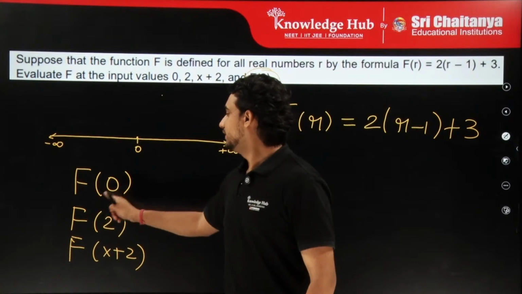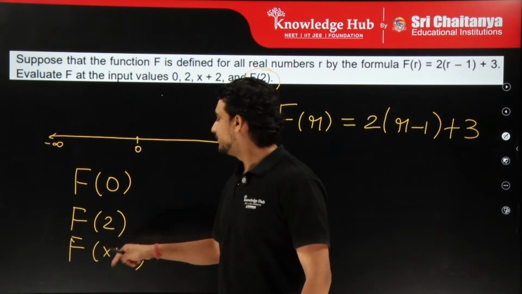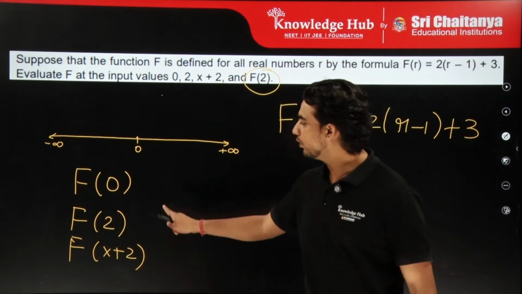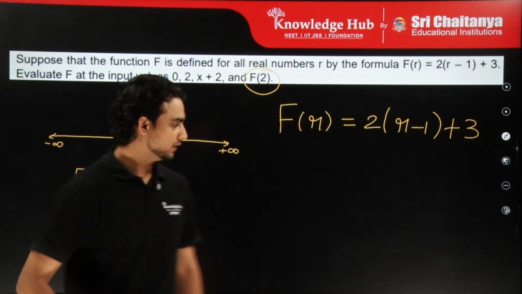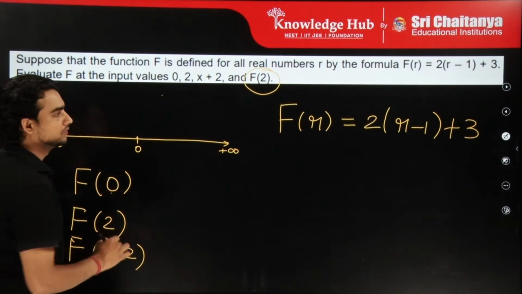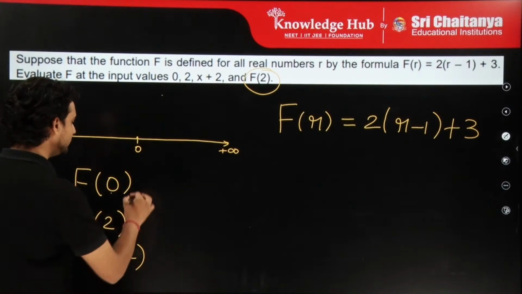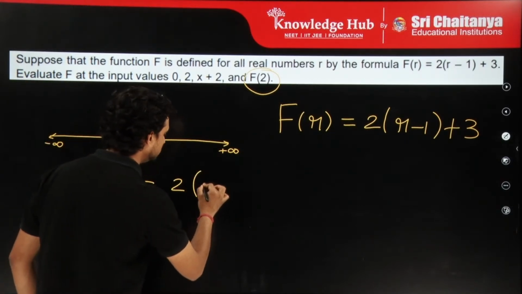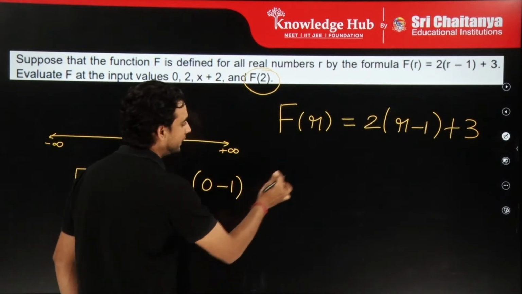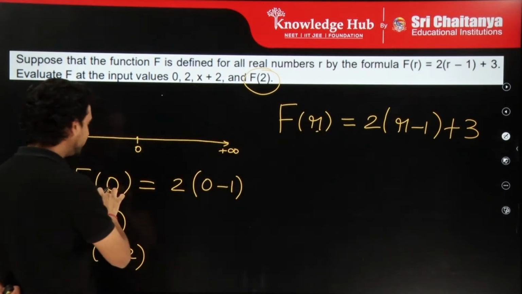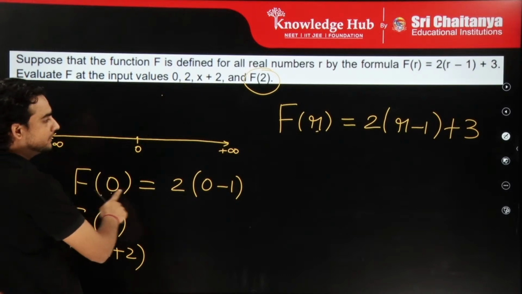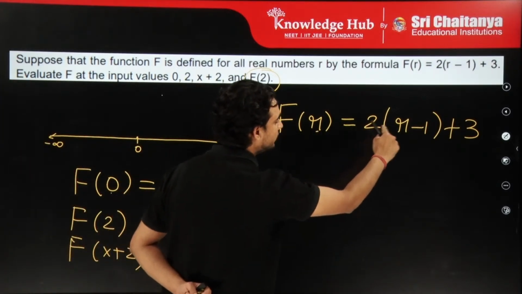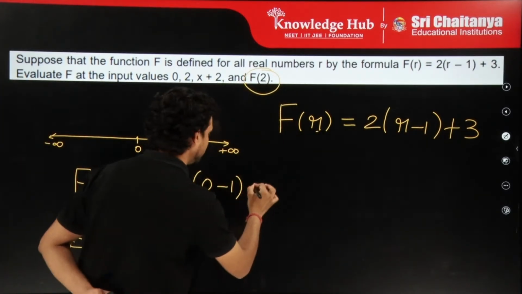So f of 0, f of 2 and f of x plus 2, I want to find all these values. This is my input r. So let's put input r as 0. I'll get 2 into 0 minus 1 plus 3.